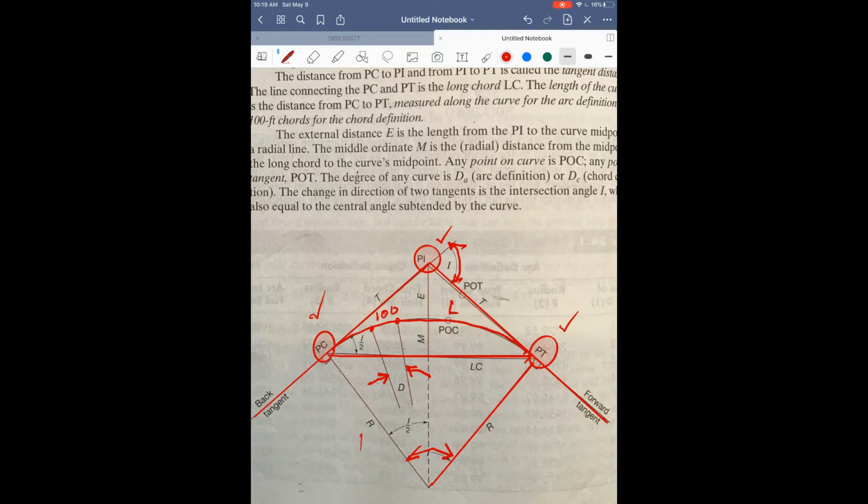Remember that when we defined our curve, we simply used the radius, okay? The tangents were already drawn. That means the central angle is known, and we used the radius. So when you define a curve, you need at least two things, like the radius and the central angle, or the long chord length and the tangent length. Any two will define a curve, okay?